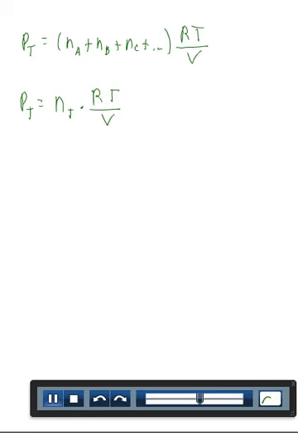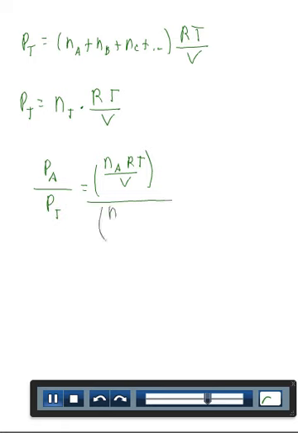Let's consider the fraction of, say, component A in the mixture. So if we have pressure of gas A over the total pressure, we can write that as N sub A RT over V for the pressure of gas A divided by N total for the total pressure times RT over V. And so since they are in the same container, RT over V is the same for both, and they cancel.